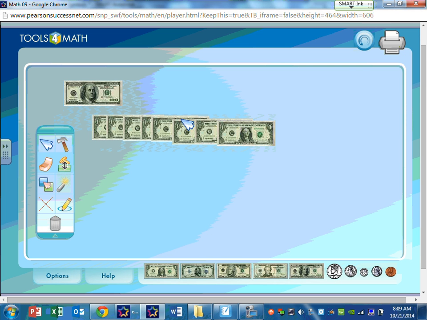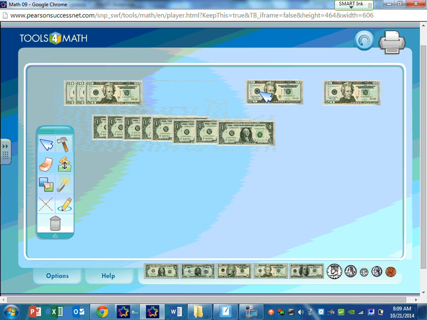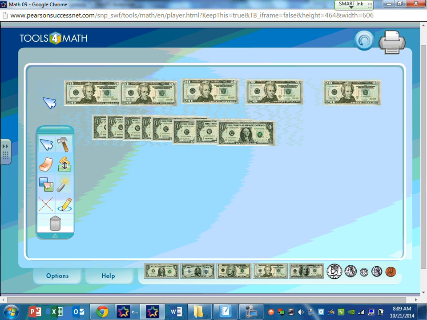Okay? So, like we said, we cannot just rip this up. So I need to exchange this or break it down into smaller bills. Okay? Well, if I break it down into 20s, I've got 1, 2, 3, 4, 5 20s. That's still not going to work. It's not going to work because I have 4 people, right?